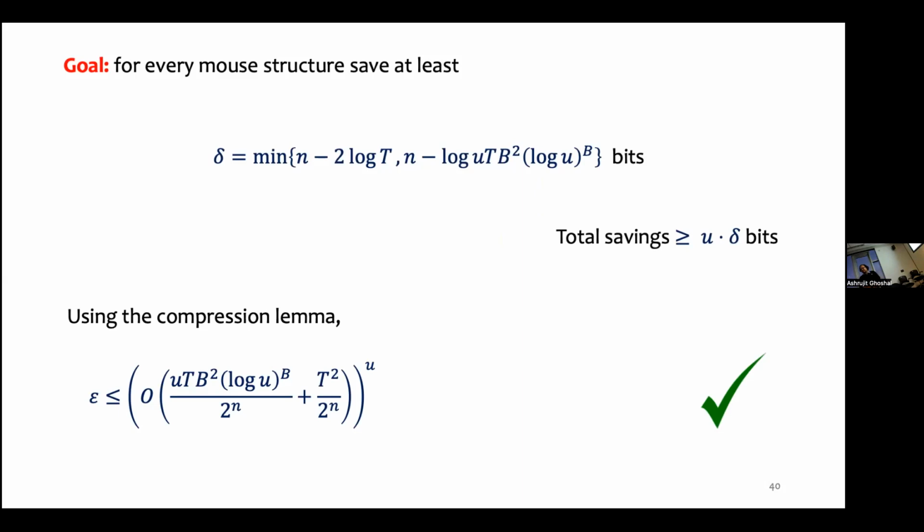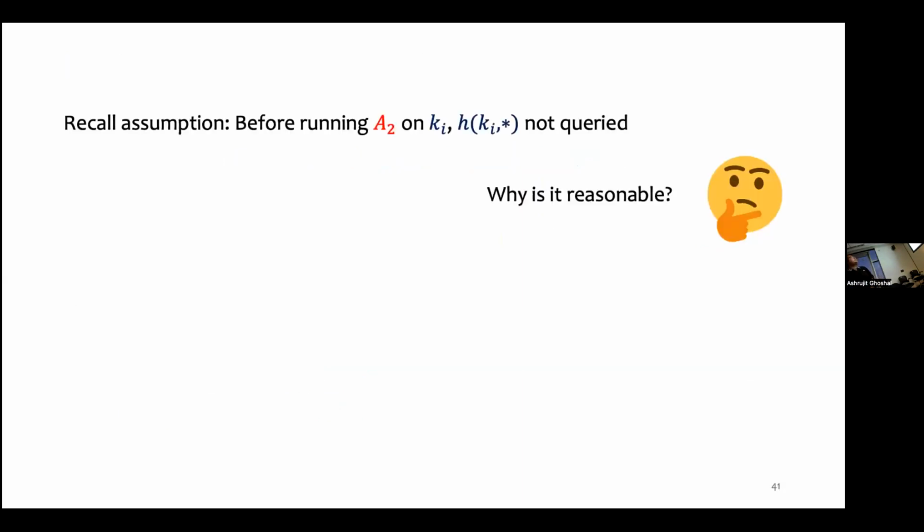I'll give you an example of two cases of how we make these savings. One of them is an easier case, and the other will highlight the main challenges. Okay, before that, I made this assumption that before running the adversary on a particular key, the adversary has not queried the random oracle prefixed by that key. Why is this assumption reasonable?